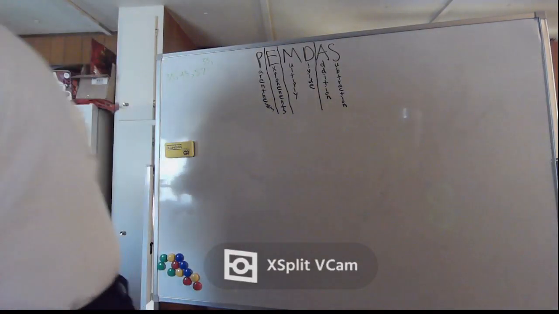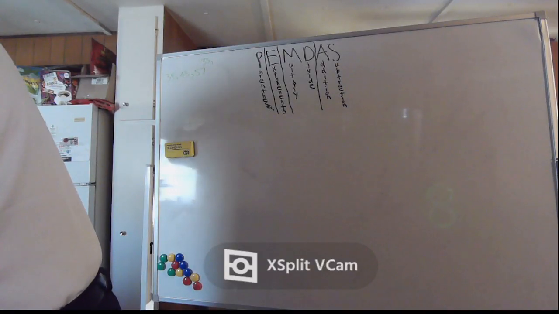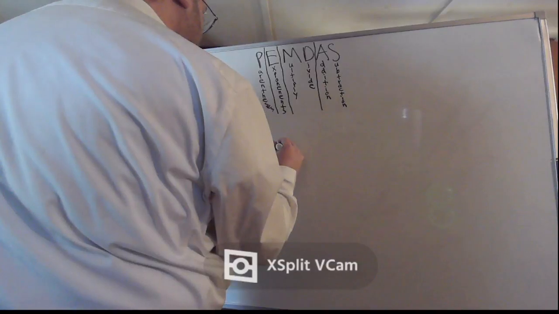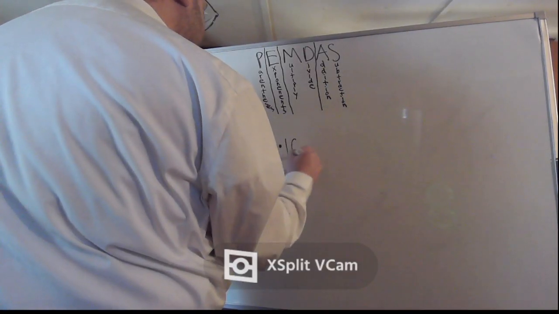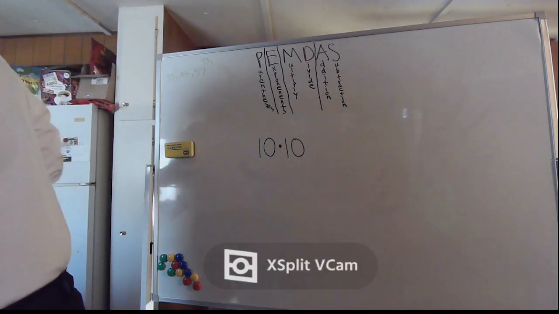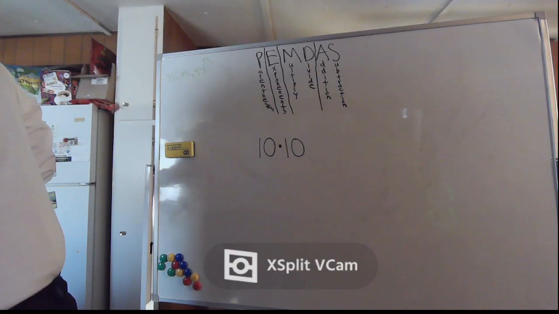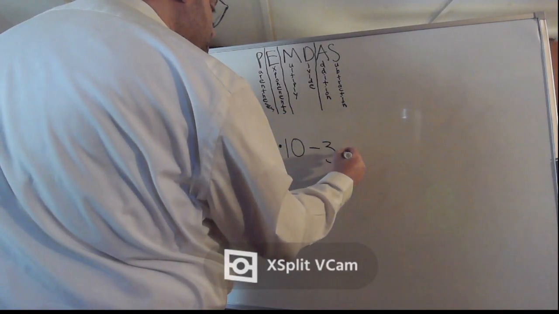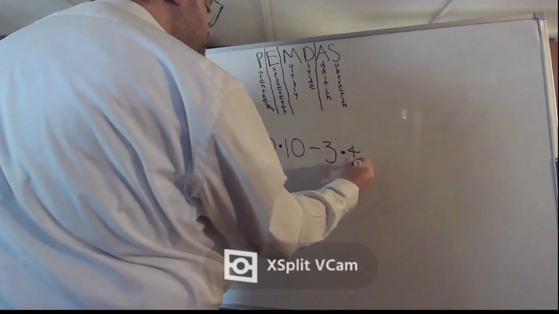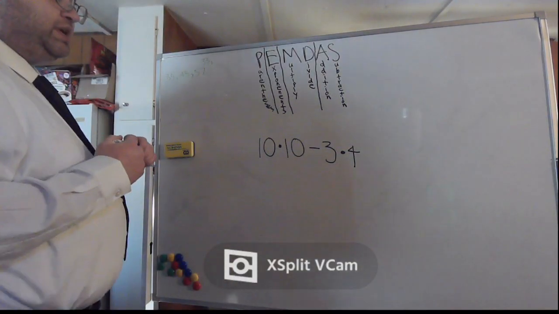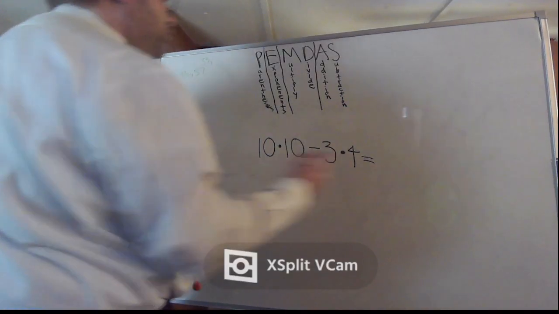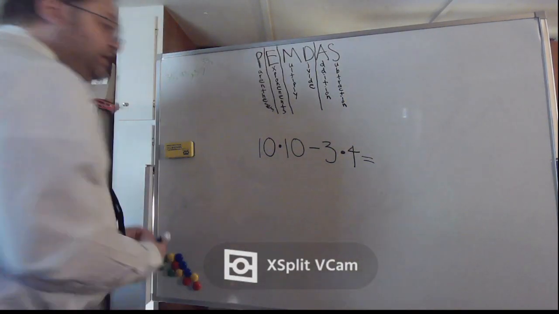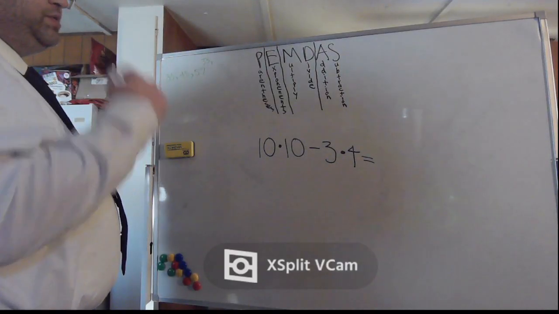All right, what's next here? Good one. We have 10 times 10 minus 3 times 4. Okay, so looking at this here, we don't have any parentheses, we don't have any exponents. We do have multiplication though.